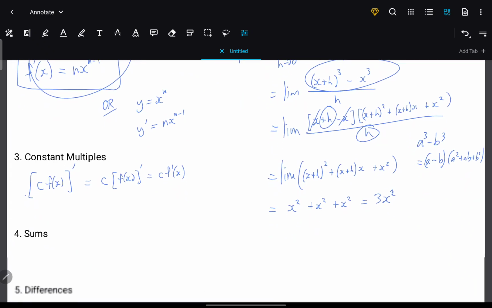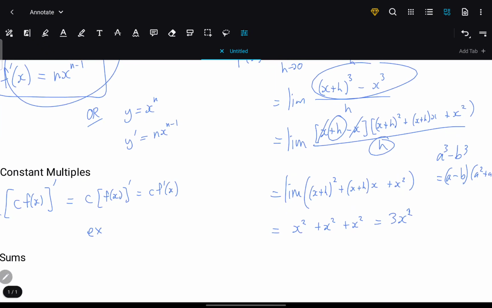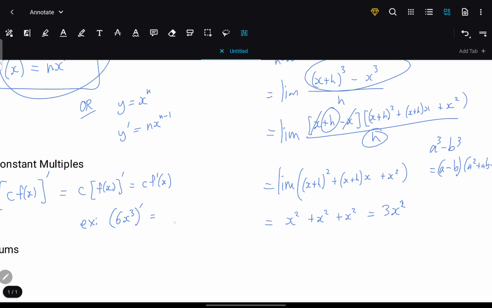So let's do a little example here. If I have 6 times x cubed, and I do a prime, what happens? I get 6 and then x cubed prime. So my constant multiple says the 6 can come out, and then I have 6 times the derivative of x cubed.